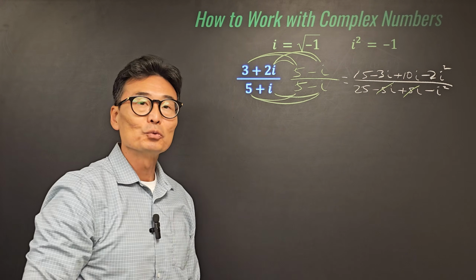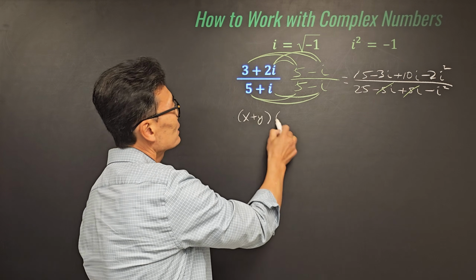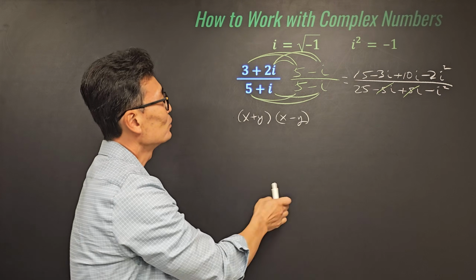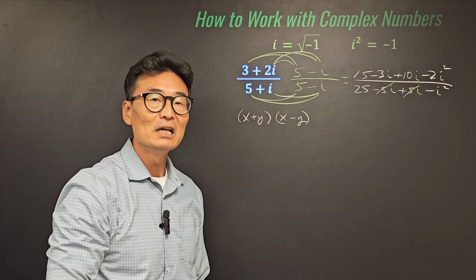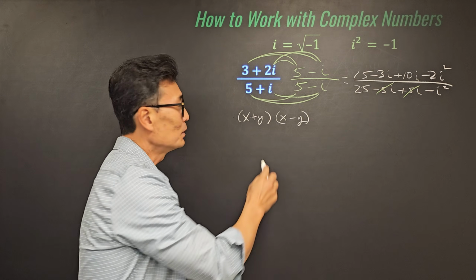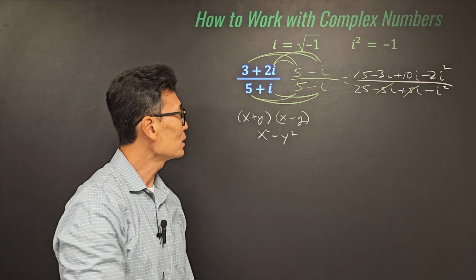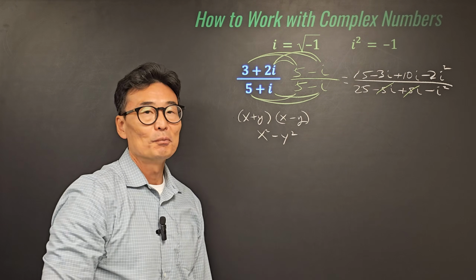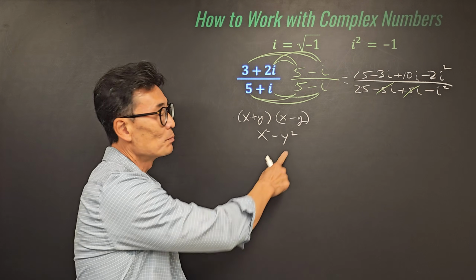In this case, you want to remember this. Given x plus y times x minus y, notice that the numbers are the same, however, the signs are opposite of each other, then you get x squared minus y squared. So the product of two binomials where we have the opposite signs will always be x squared minus y squared.